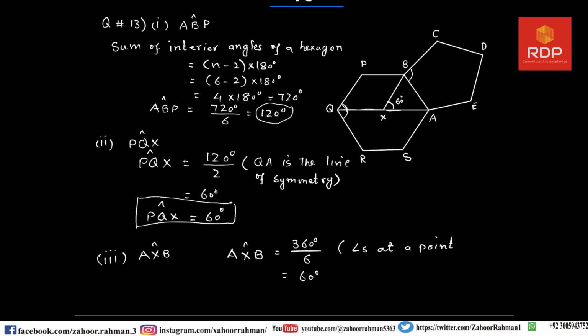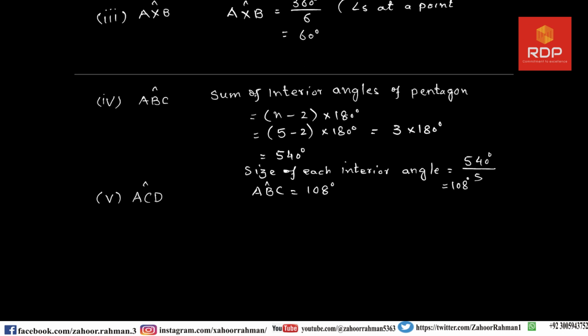Now the next part, which is part number 5, is asking us to find ACD. A, C and D. We are going to find this angle ACD. Now let us say that BCD is equal to what? We found that 108.